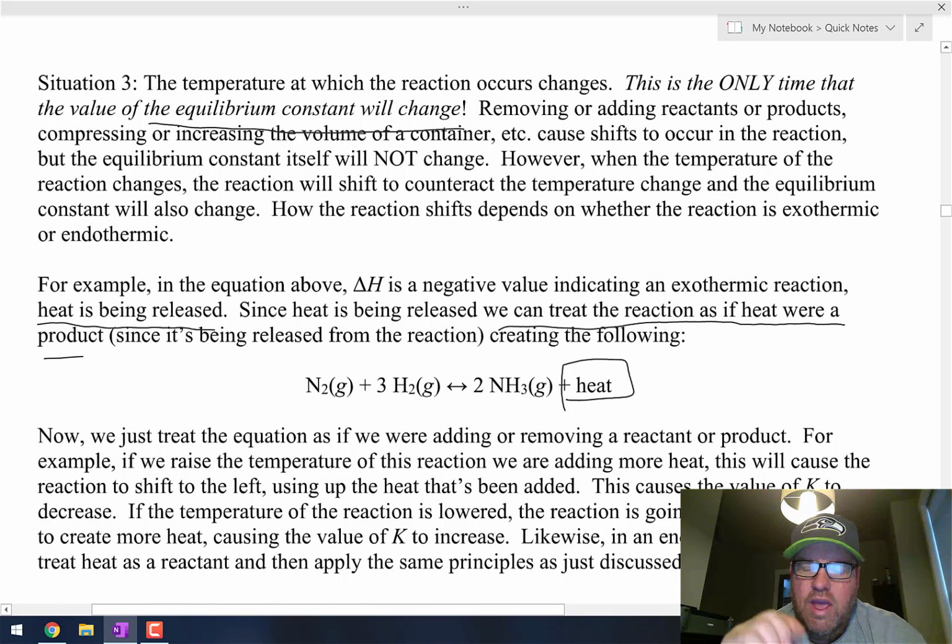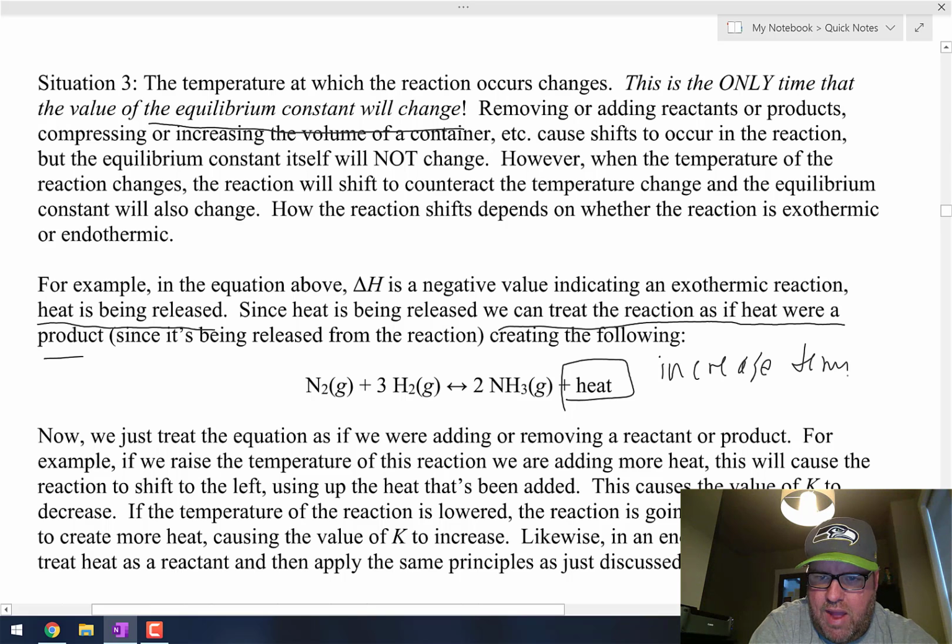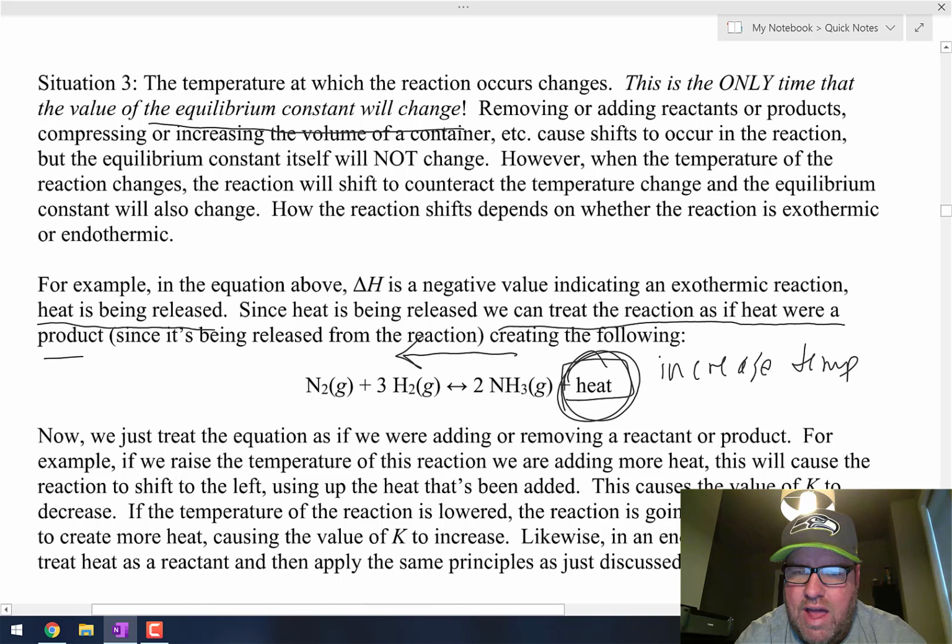Now, if we put heat on the product side, we just treat it like, what if you add a product or take away some product? What if you increase the temperature of that reaction? It's like we've added some product, because heat is a product, and you increase the temperature, you've added some heat. And we know what the reaction does when that happens: the reaction shifts back to the left.